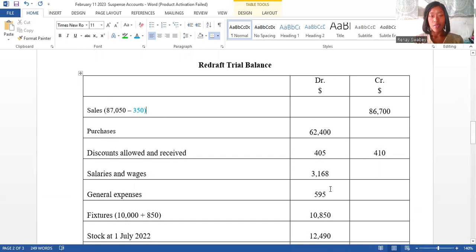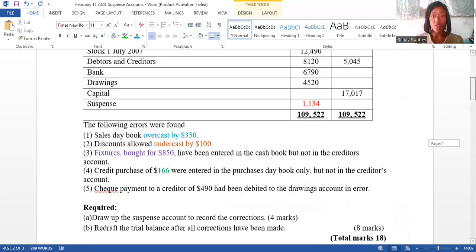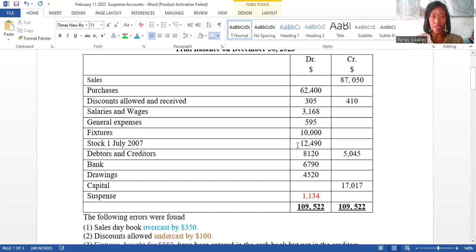Our salaries and wages is $3,168. All these figures here are from the previous trial balance, the wrong or incorrect trial balance. See? We're going to rewrite the general expenses figure. We're going to rewrite the stock figure.